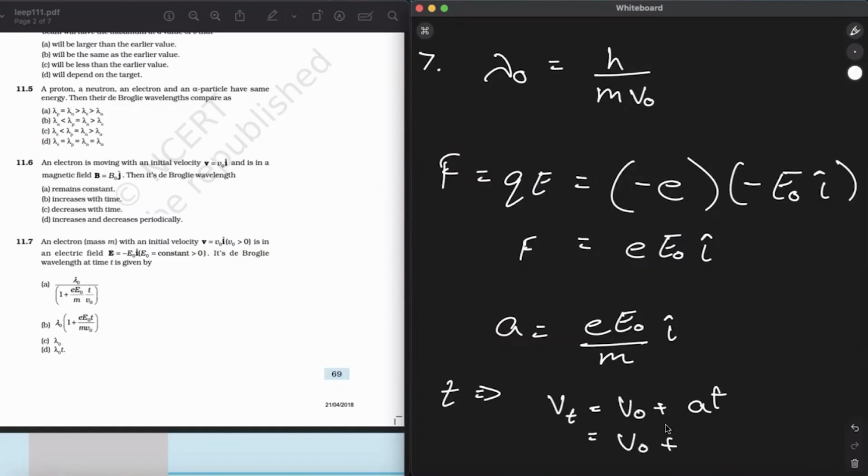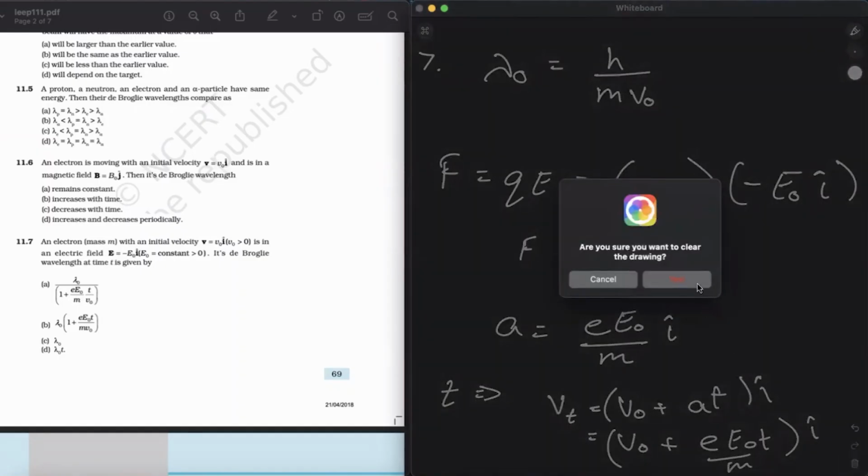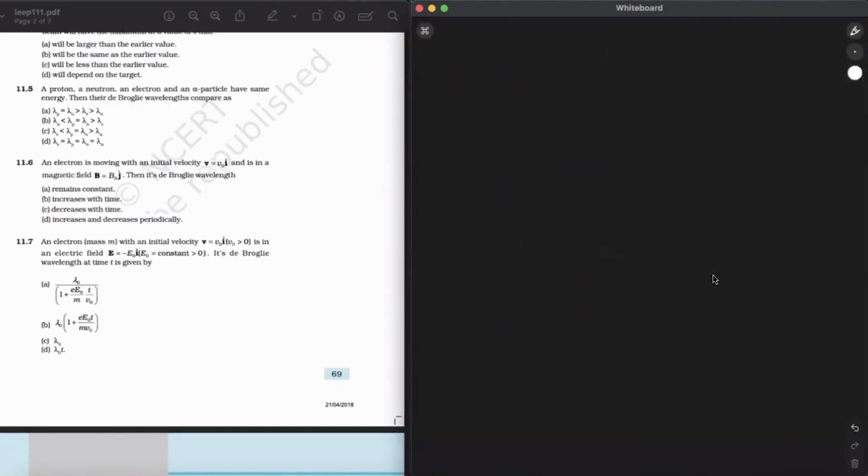Both are in the i cap direction, so the velocity is v naught i cap plus e E naught upon m times t, in i cap.